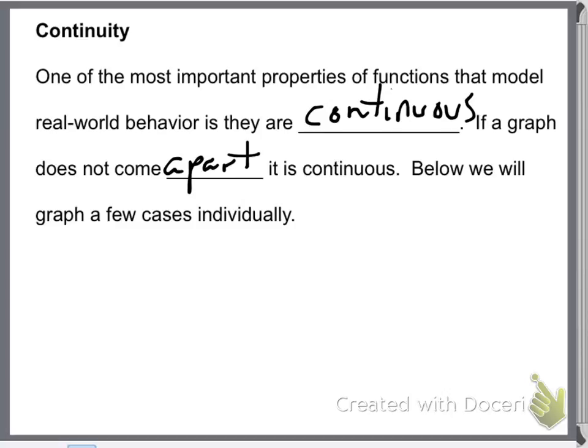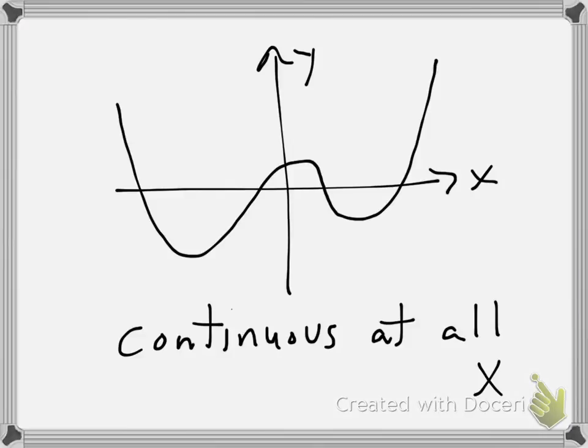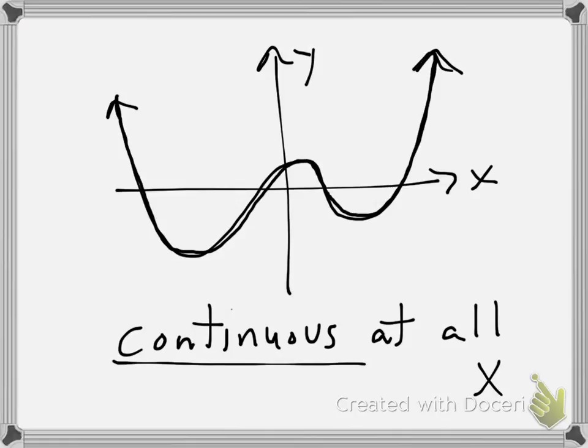Now let's talk about a couple things here. First, you notice this graph. It never stops. I put my stylus down and I'm drawing the curve and I never have to pick it up. This is an example of a continuous graph at all x values.